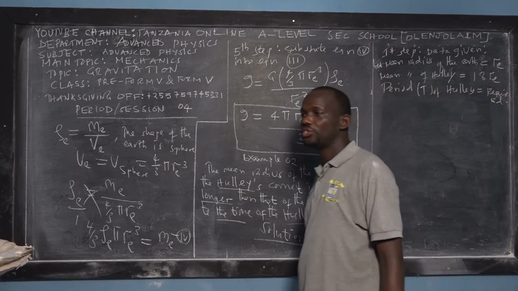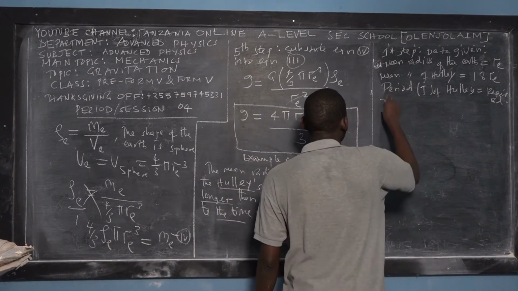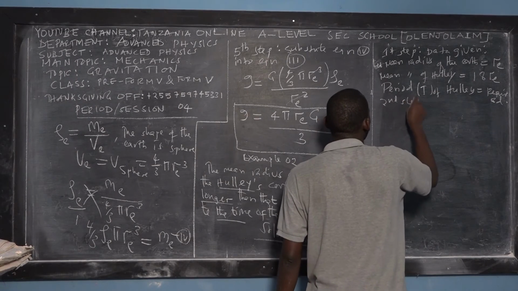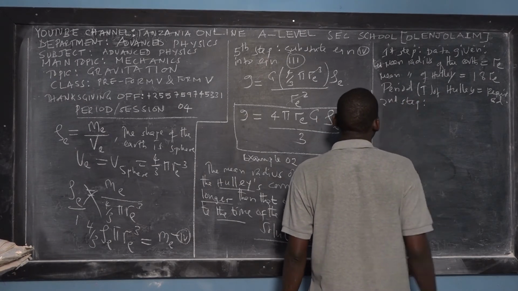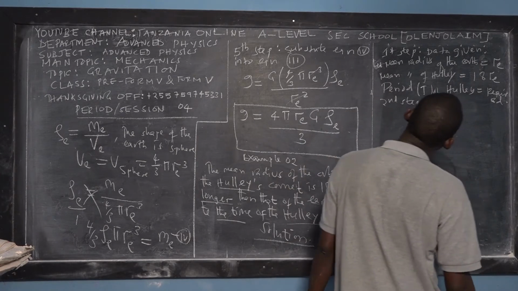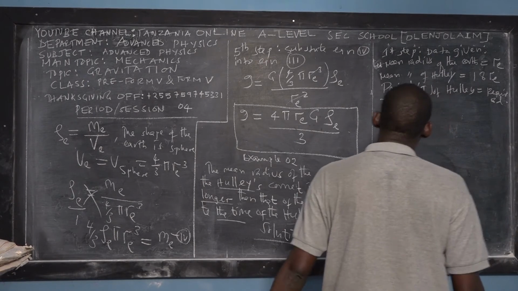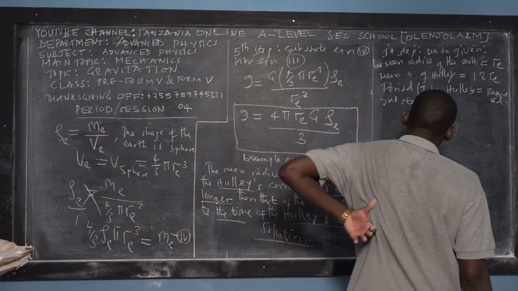So how do we deal with this problem? Go for the second step. We have our data, we have mostly all the details. Let us refer to what we know in case of gravitation.